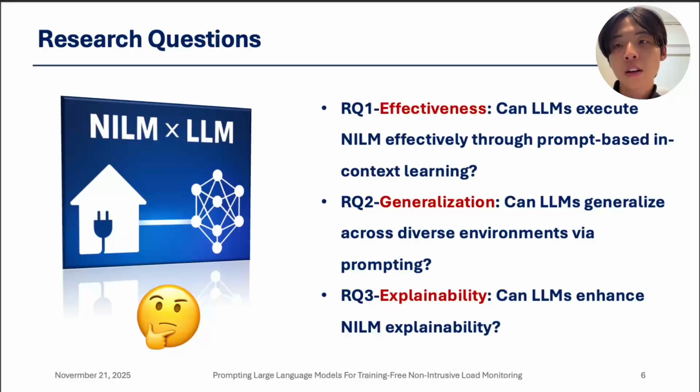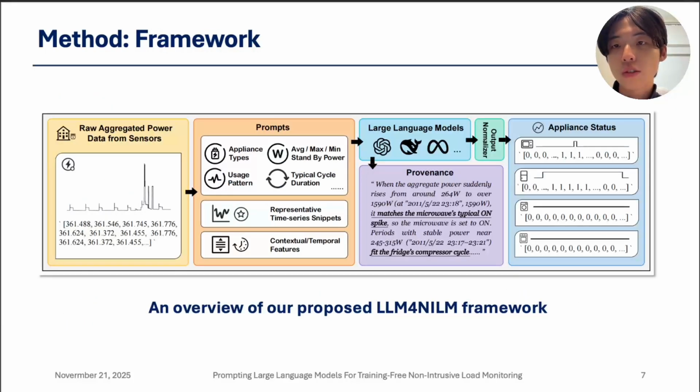Yes. So to explore these three questions, we build a framework and we call it the large language model for NILM. Yeah. So the idea is quite simple. On the left, we have raw aggregate power data from the sensors, and we convert that into prompts.